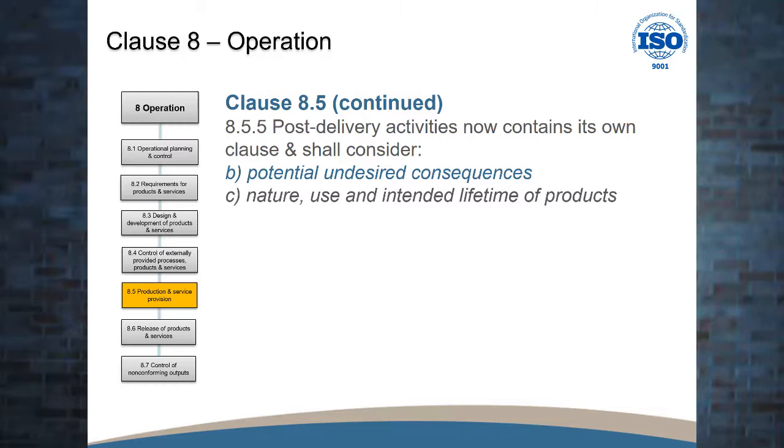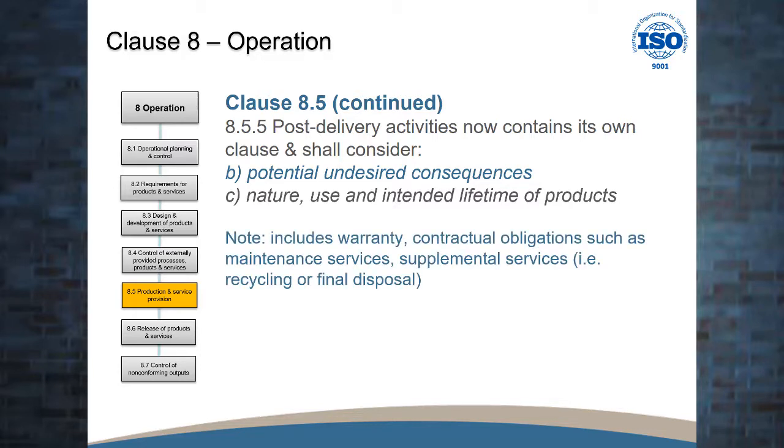C, nature, use, and intended lifetime of products. So a part of your control of your operations is considering and understanding the nature, the use, and how long the product should be used. So this includes warranty, contractual obligations such as maintenance services, supplemental services, i.e. recycling or final disposal.